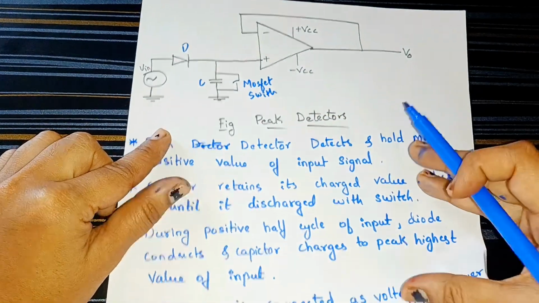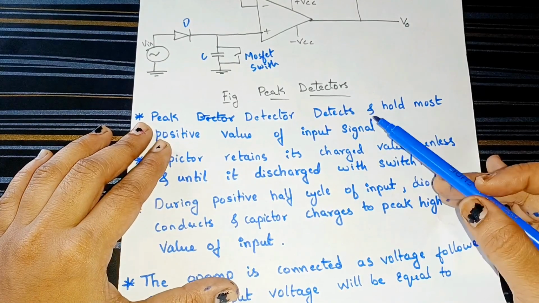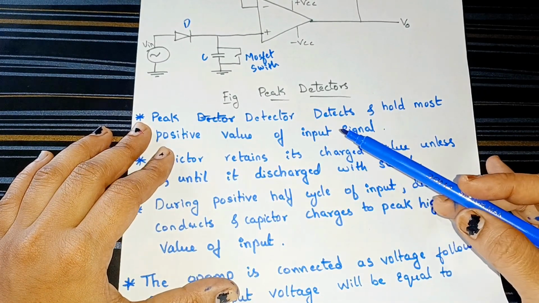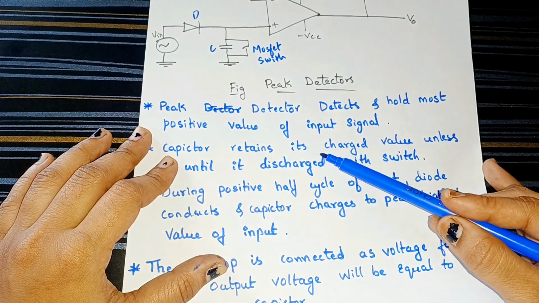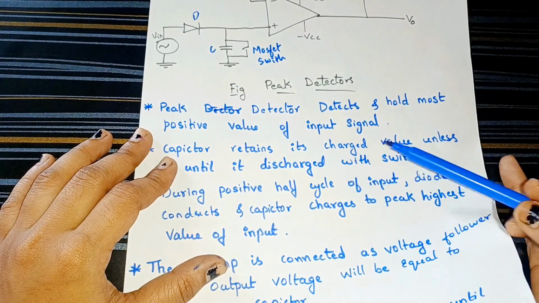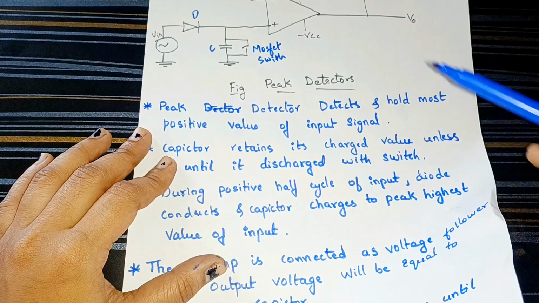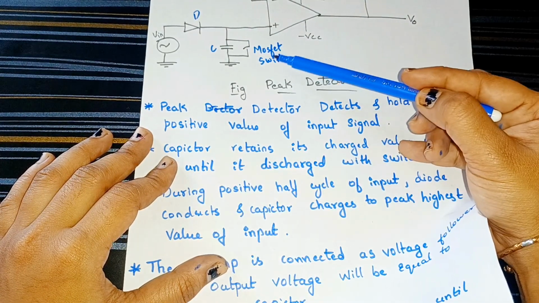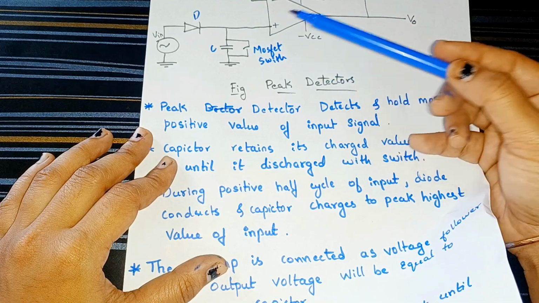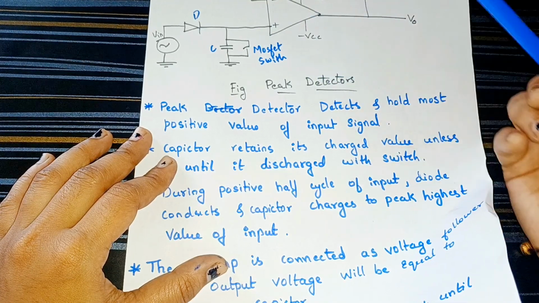So a peak detector detects and holds the most positive value of the input signal, and the capacitor will retain its charged value until it is discharged with the switch. Unless and until the capacitor is discharged by the MOSFET switch, it will stay charged and retain its value.